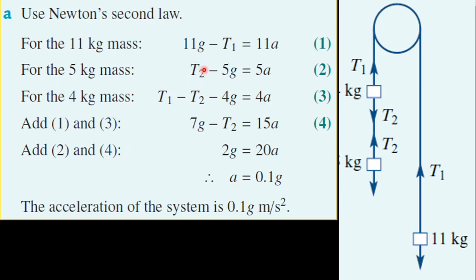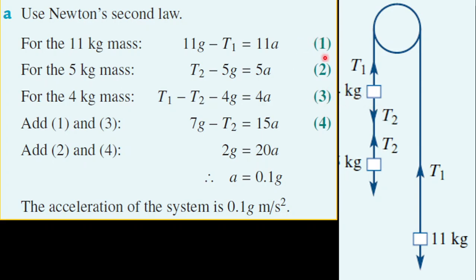Just pay attention to the signs. With the 4 kilogram mass, T1 is positive because it's in the same direction as the acceleration. Again, it's going upwards. You have the minus T2 and the minus 4g. Don't forget the minus T2, since there are two ropes applying to the 4 kilogram mass.